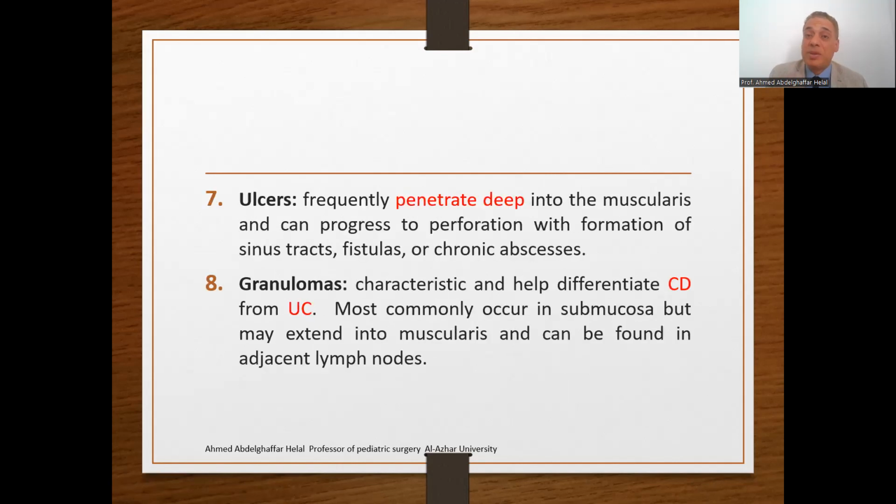Ulcers may be present in Crohn's disease. However, in Crohn's, they penetrate deep into the muscularis and can progress to perforation, formation of sinus, fistula, or chronic abscess, unlike the superficial ulceration of ulcerative colitis. Granulomas are characteristic and may help to differentiate Crohn's from ulcerative colitis.